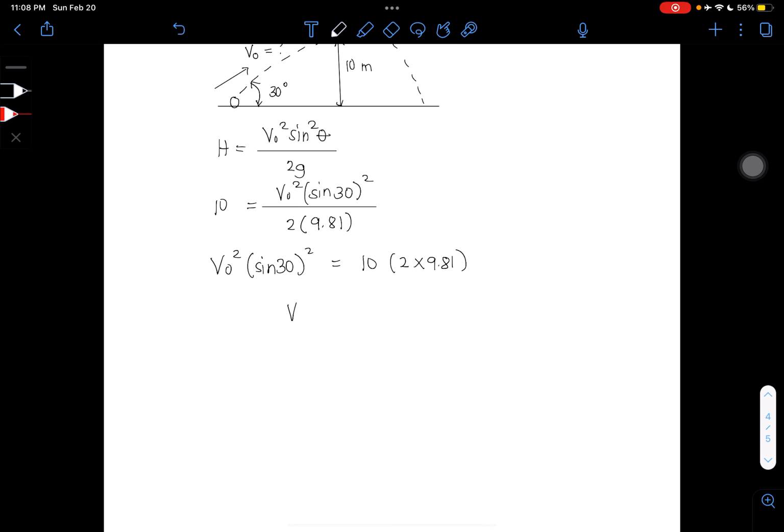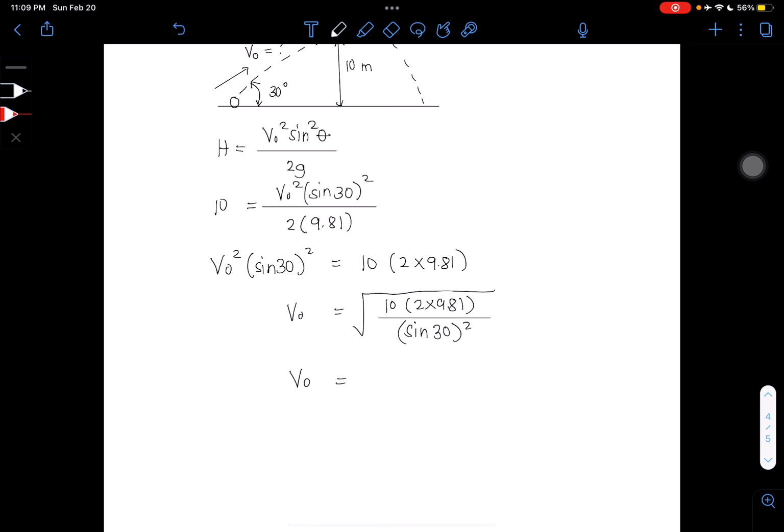So V0 is equal to square root of 10 times 2 times 9.81 divided by sine of 30 squared. Solve na to.